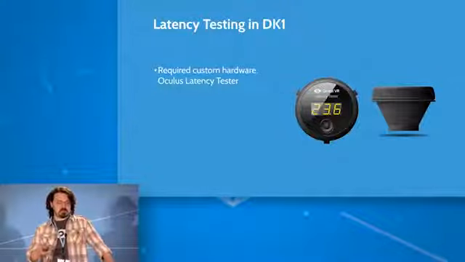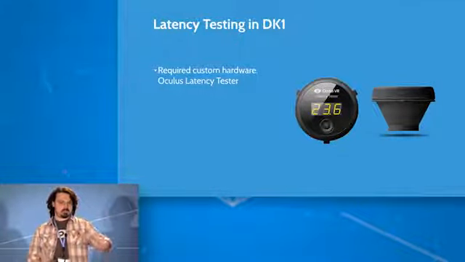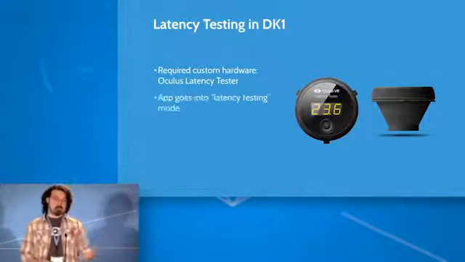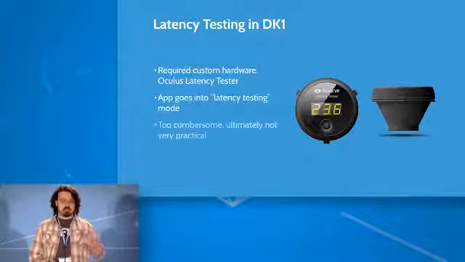With the DK1, the way you would do latency testing was by owning a piece of hardware that was purpose-built by Oculus. You would screw it into the lens cap, and when you pushed the button, the application would go into a latency testing mode. You couldn't really interact with the application at that point.